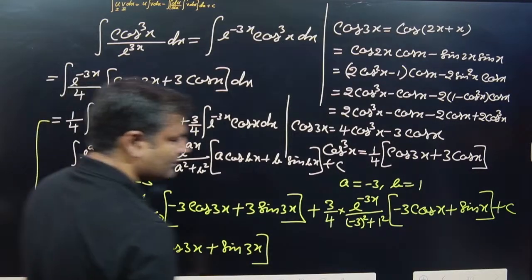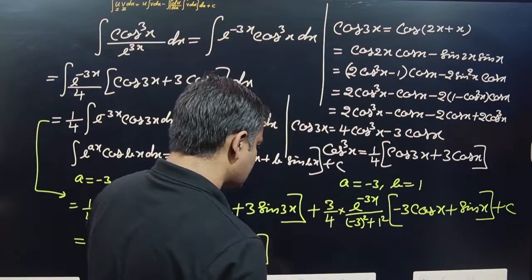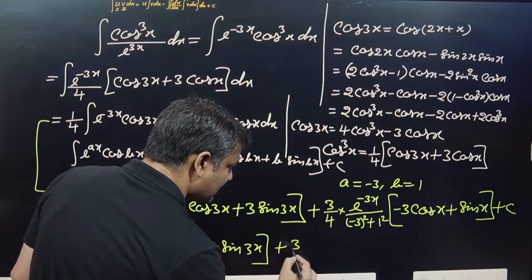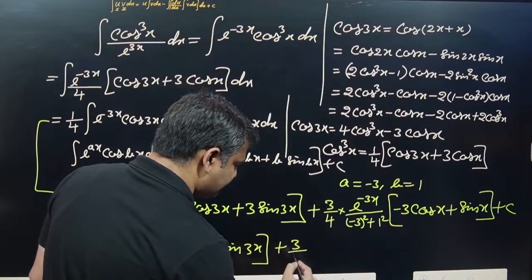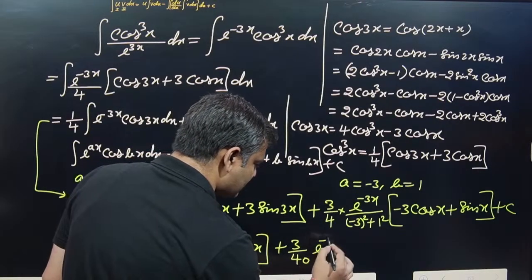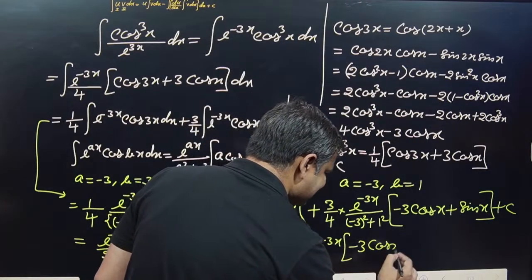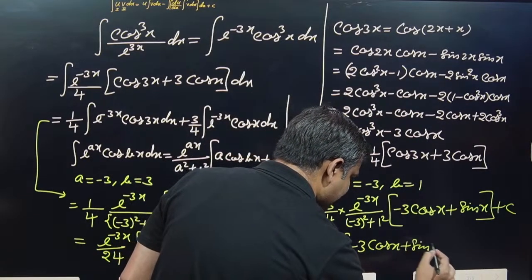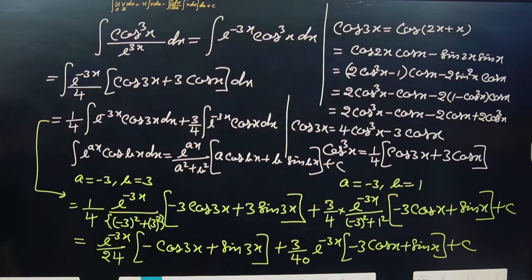And what about that value? Here 9 plus 1 is 10, so 3 by 10 into 4 is 40, into e to power -3x, here 3 cos x plus sin x, and lastly adding c is the final answer.